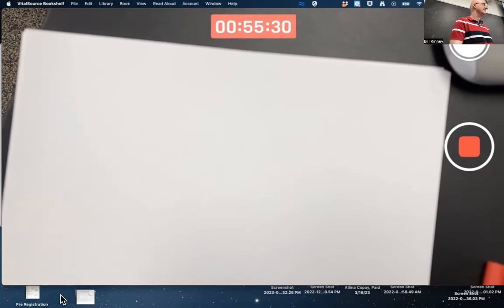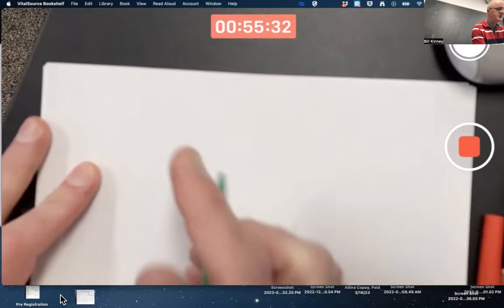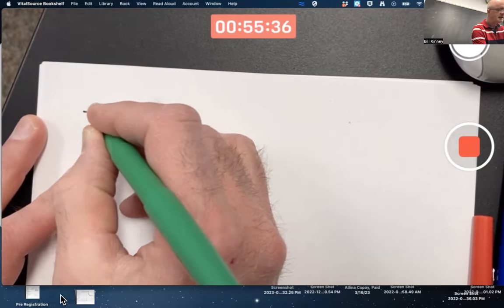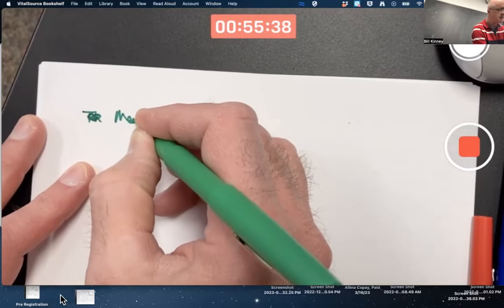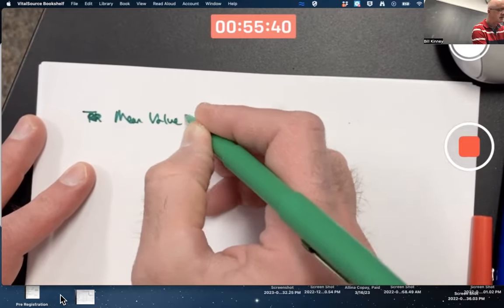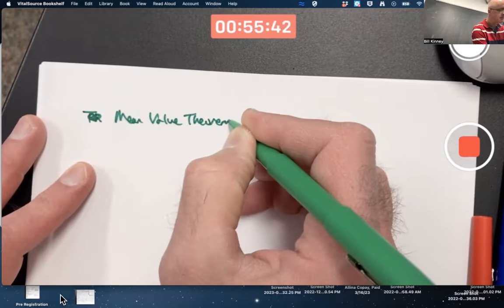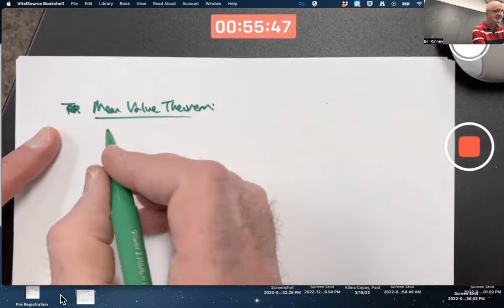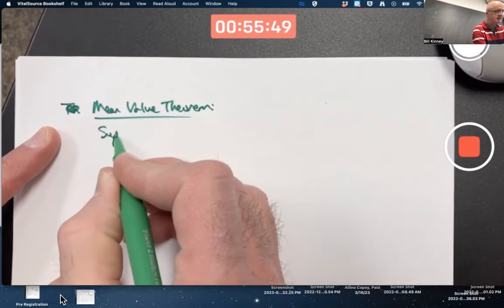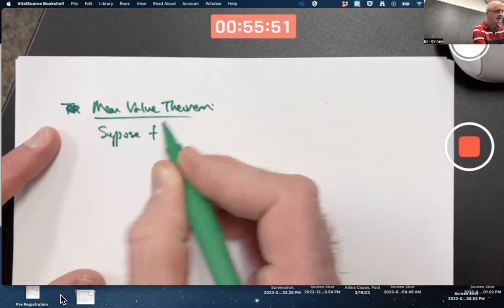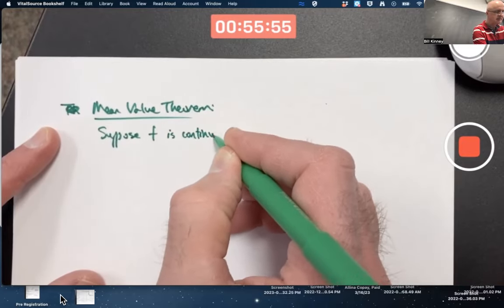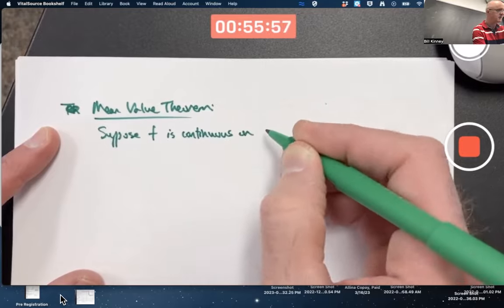That's about theorems. And the most important theorem in section 3.9, or 3.10, excuse me, is called the mean value theorem. Let's take the time to write that down. It says, suppose you've got a function f that is continuous on a closed interval.